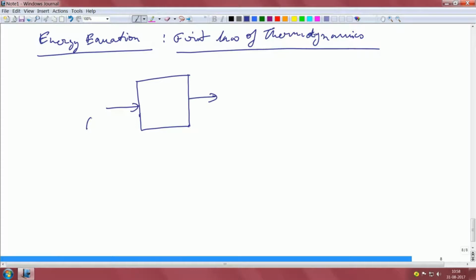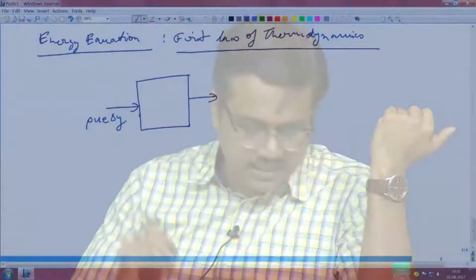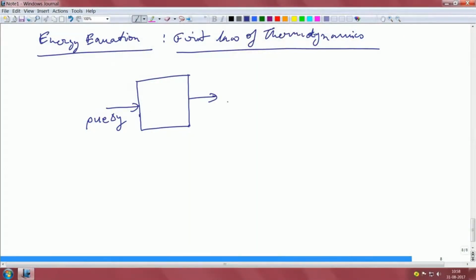The energy coming in, say it is rho u e, that means the flux in the x direction carries this much energy in, and e is basically the internal energy, times delta y. On the other side, if you do the Taylor series expansion, you will get d by dx of rho u e, times delta x, delta y. That is the energy that is going out.